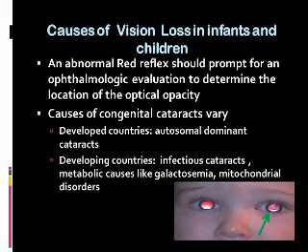Causes of congenital cataracts vary. In more developed countries, it is usually autosomal dominant in nature, while in developing countries like the Philippines, infectious causes and, more so, metabolic causes like galactosemia and mitochondrial disorders should never be missed.